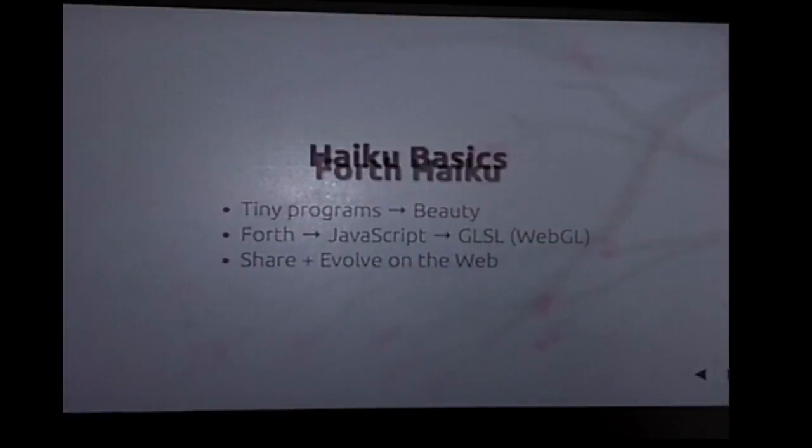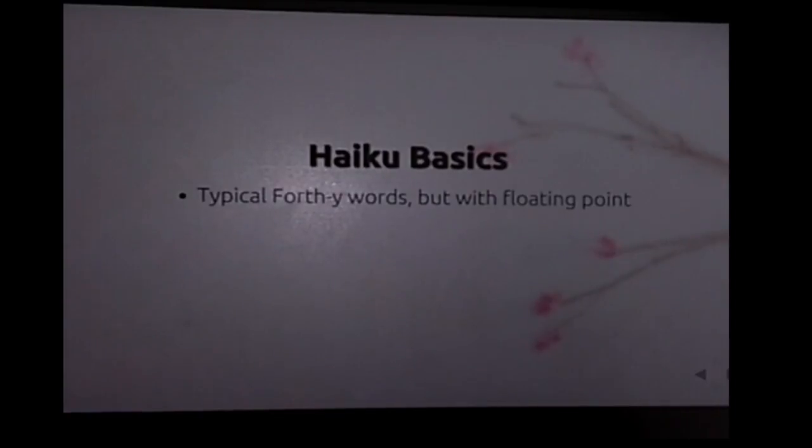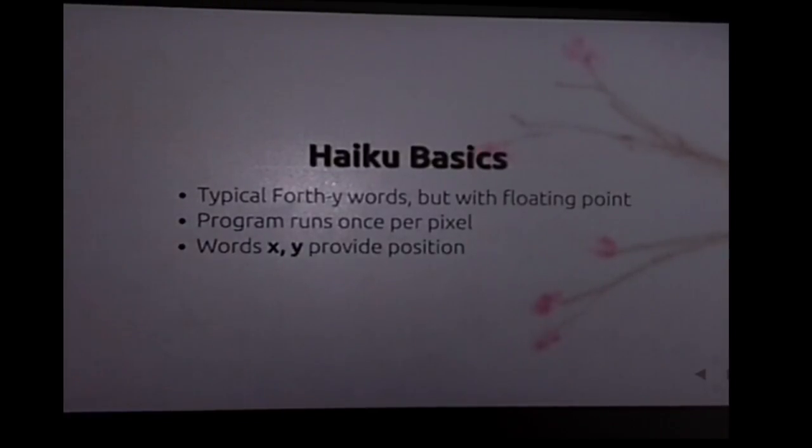Quickly running through the basics, you've got a small word set of Forthy words, with the somewhat unusual caveat that those Forth words manipulate floating point numbers. The program runs once for every pixel position in the image. There are special words, X and Y, that provide the current position so that you can take that into account as you specify the program.